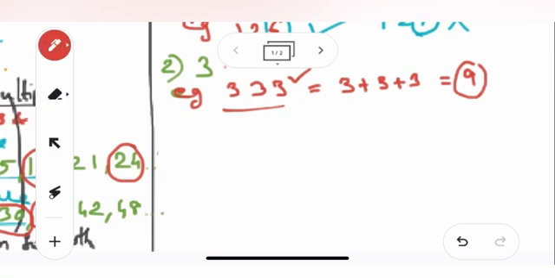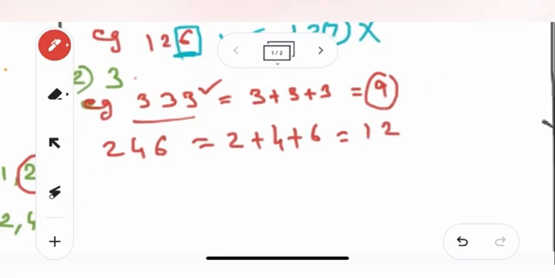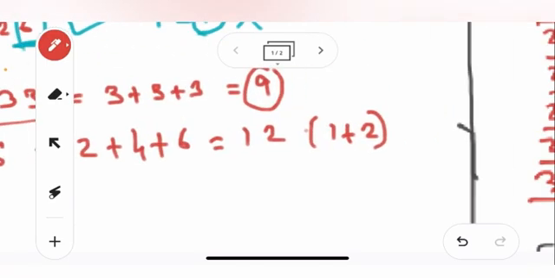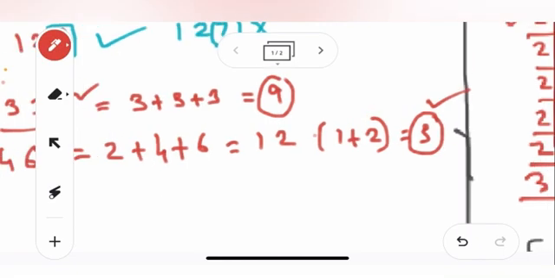Now if I take 246, when I add 2 plus 4 plus 6, that is 10 plus 2, 12. Now 12, again I can add as 1 plus 2, so 1 plus 2 is equal to 3. So 3 is divisible by 3.